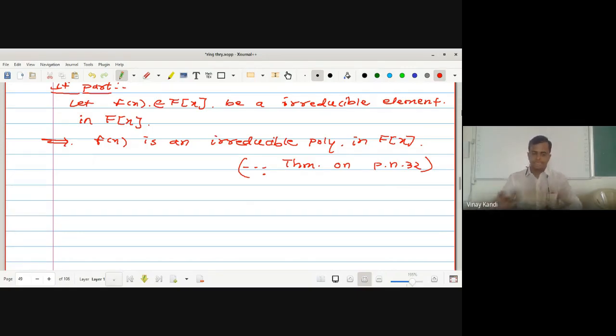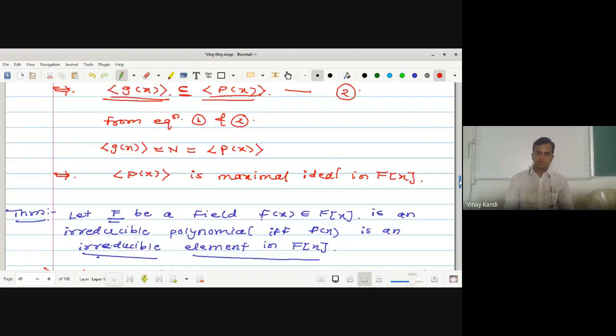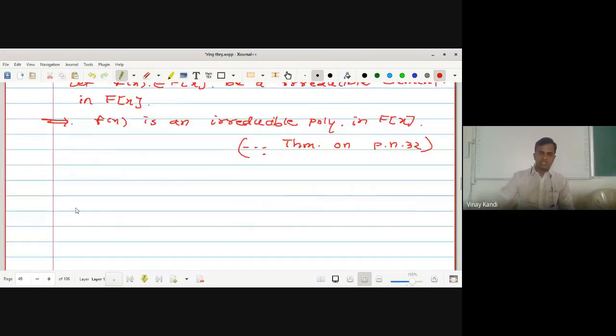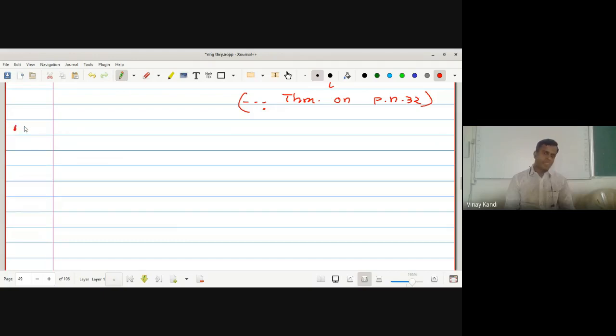Okay, the next theorem is: let capital D be a unique factorization domain and capital F be a field of quotients. Of what? Of this D. A unique factorization domain will be an integral domain, and from an integral domain we can form the field of quotients.